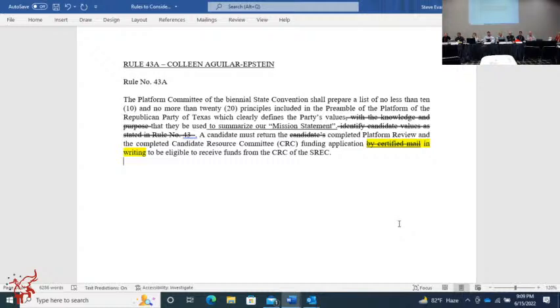I maybe remember it was added to the form, and this would make it consistent with the form. If you change this, we're going to have to reprint forms. You are creating some ambiguity with this amendment. It's not out of order, it's not in conflict with the rules, but it would cause a burden on the party to reprint the forms.